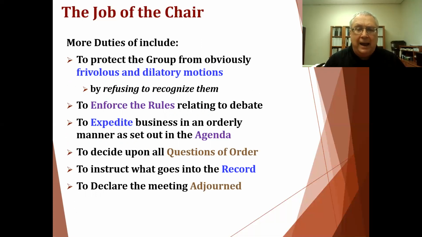It's their job to expedite business, especially if the agenda has time slots put against each item. It's the chair's responsibility to decide upon questions of order. We're going to talk about this in future episodes. It is their job to instruct what goes into the formal record that's maintained by the secretary, and it's their job to declare when the meeting is adjourned.